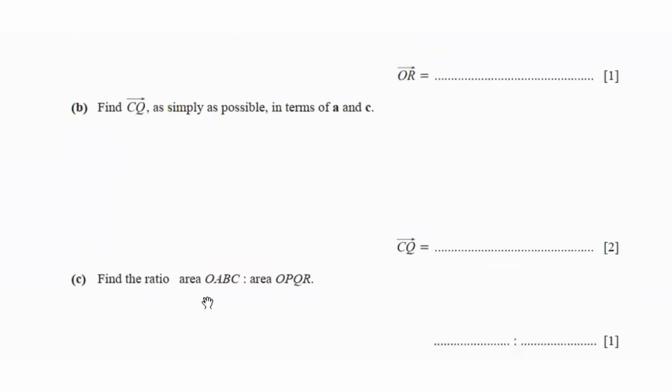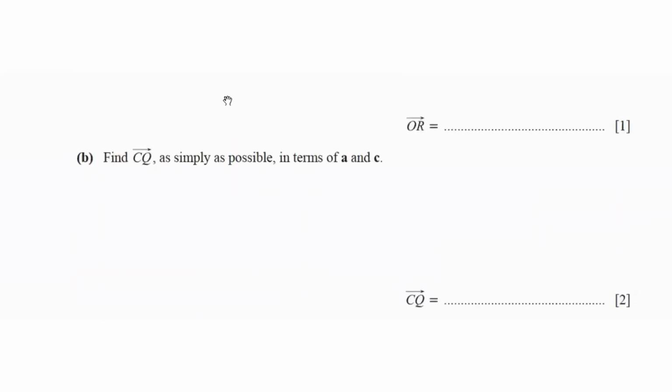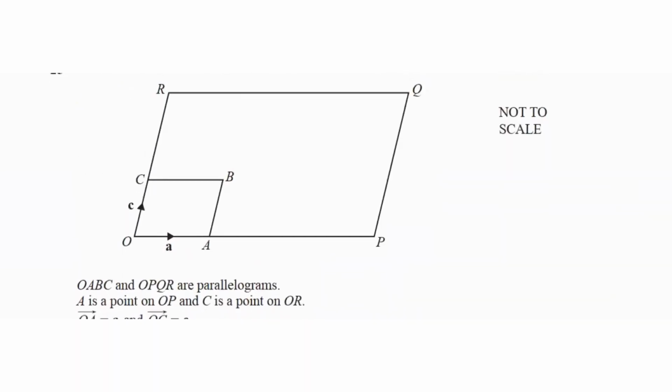Then find the ratio of area OABC to area OPQR. So in part C, what we'll do is that if we look at the shape, we already know that this vector is 2.5C or 5/2C. And we know that this entire vector is 4A.